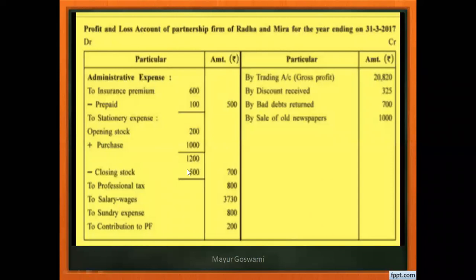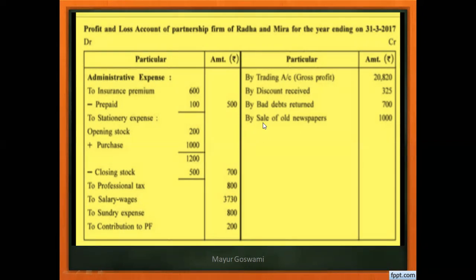Okay. Then after bad debt recovered, this is one kind of income. So come to the P&L credit side, bad debt recovered in the outer column 700 rupees. Then sale of old newspaper. This is also one kind of income.